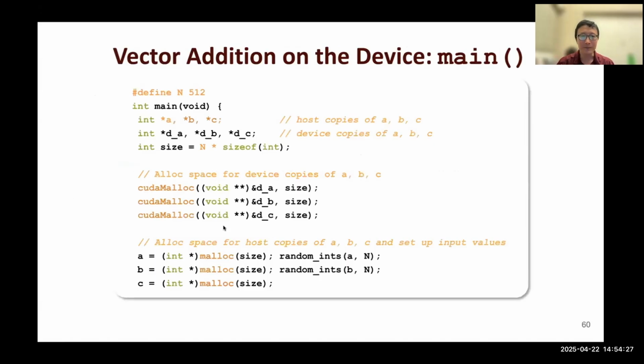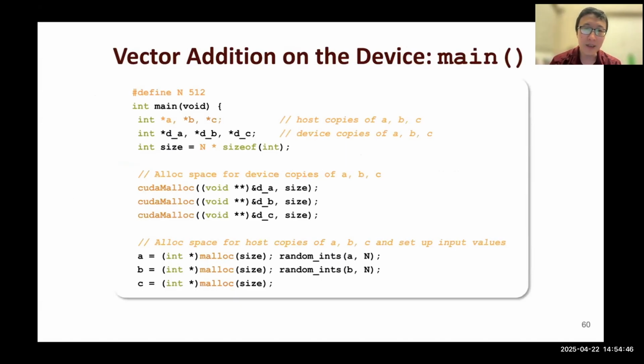Now in the main function, A, B, C are still the same. There's a host copy of A, B, C. Those are not numbers anymore, those are vectors, and we are going to allocate memory for them. First, we allocate device memory at the top. CUDA malloc is allocating device memory.